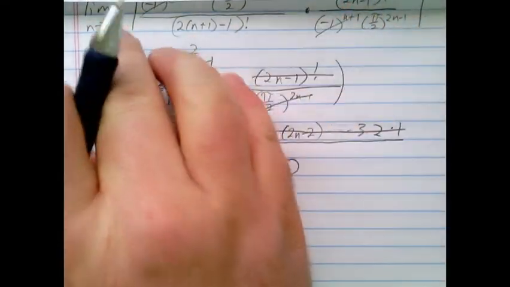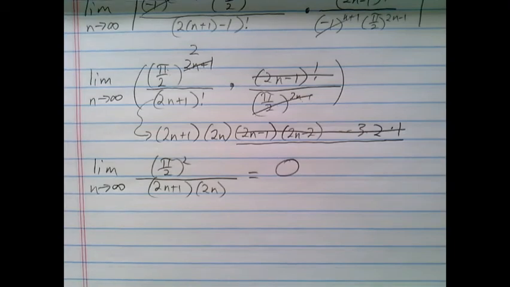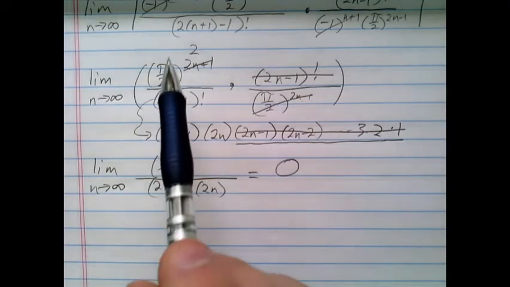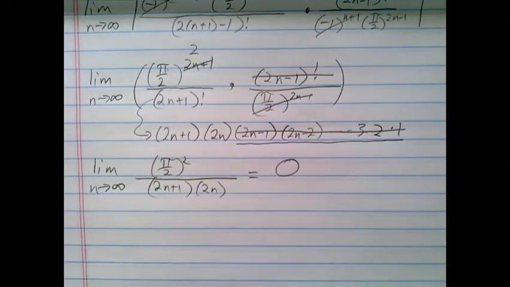Okay, and if the limit is 0, when we're taking the limit of the ratio of the n plus 1 term over the n term, then we can use the ratio test to conclude convergence.